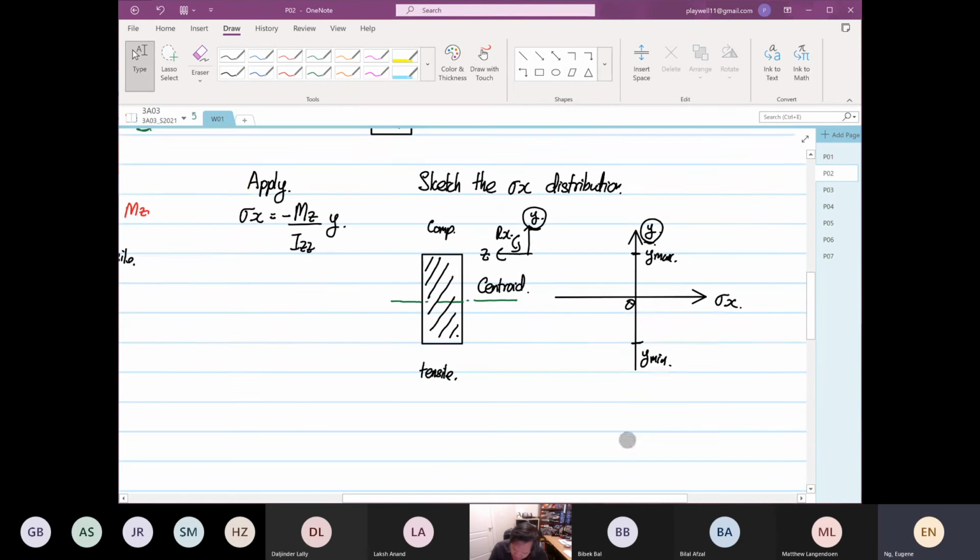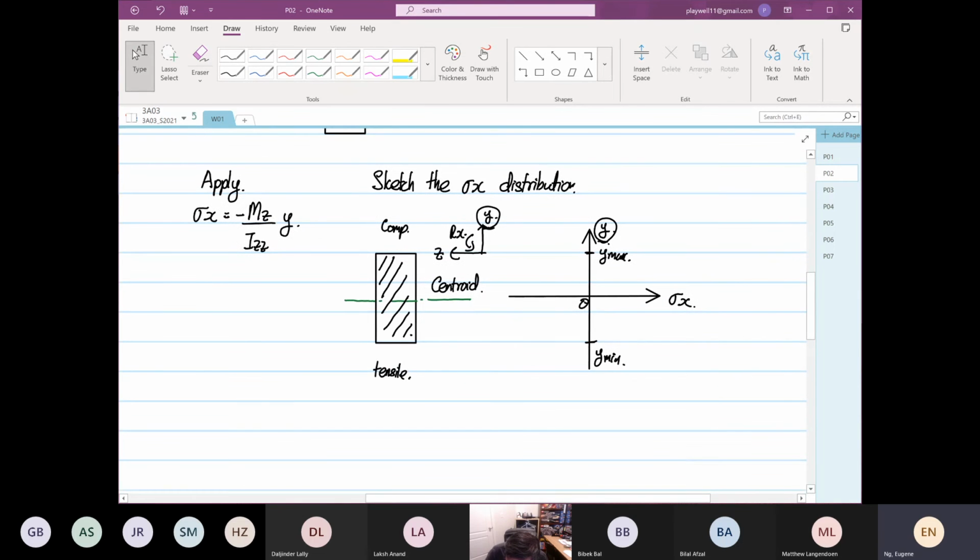Okay. So if we were to sketch the normal stress distribution, on the right hand side, all these are tensile. On the left hand side, all will be compression.